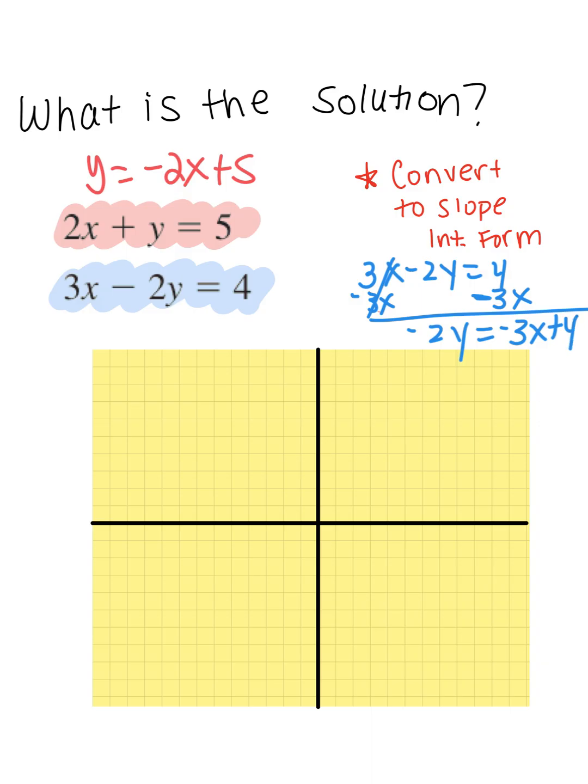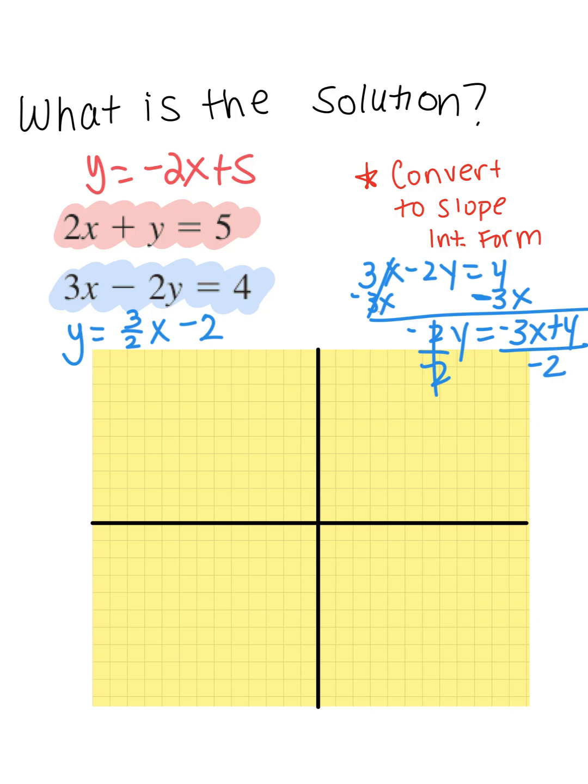What do I do now? Divide by -2, right? Everything. So I get y equals -3 over -2 is a positive 3 over 2x. And 4 divided by -2 is -2. So now I have both of those equations in slope-intercept form.